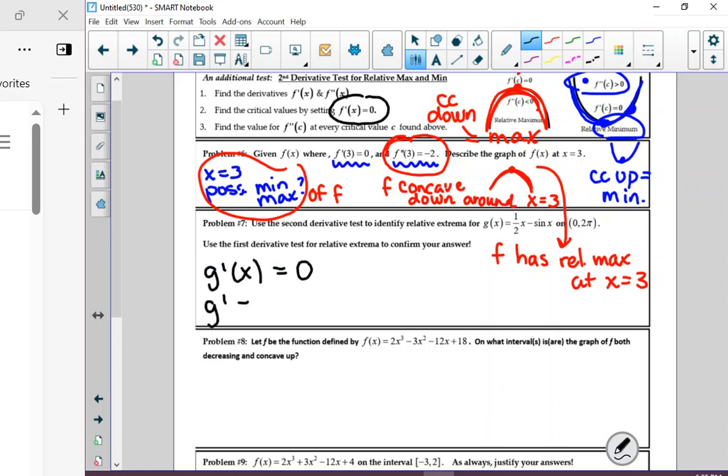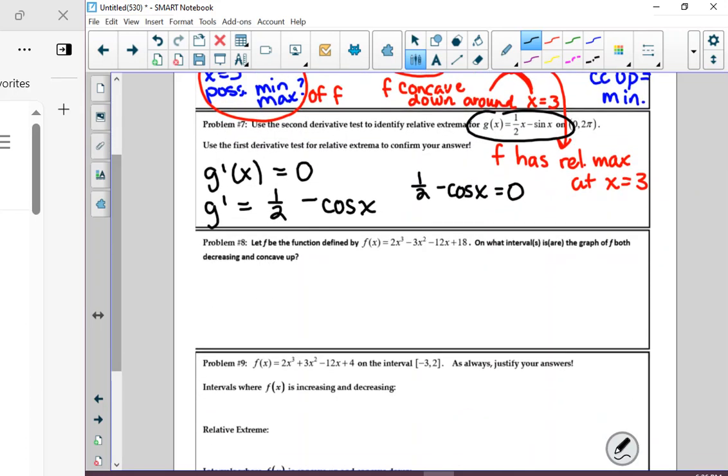So I need my first derivative. Here's my g function. So it looks like my first derivative is 1/2 minus cosine x. One half minus cosine x equals 0, which means that 1/2 is equal to the cosine of x. I'm looking at the whole unit circle.